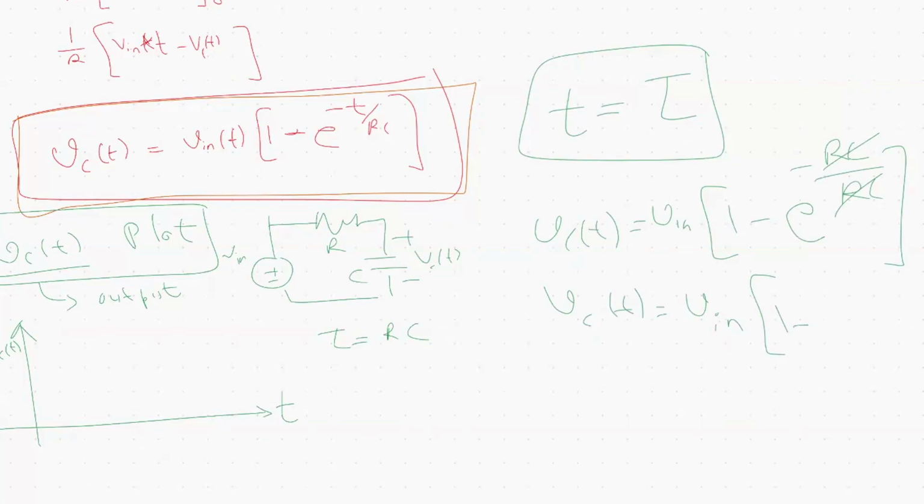But what is the value of 1 over e? It's 0.367 something.